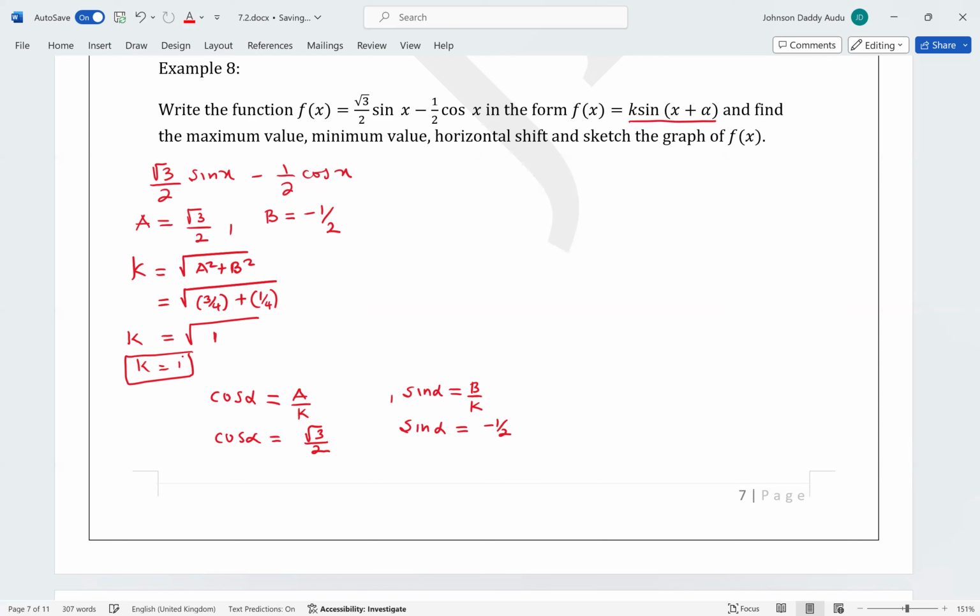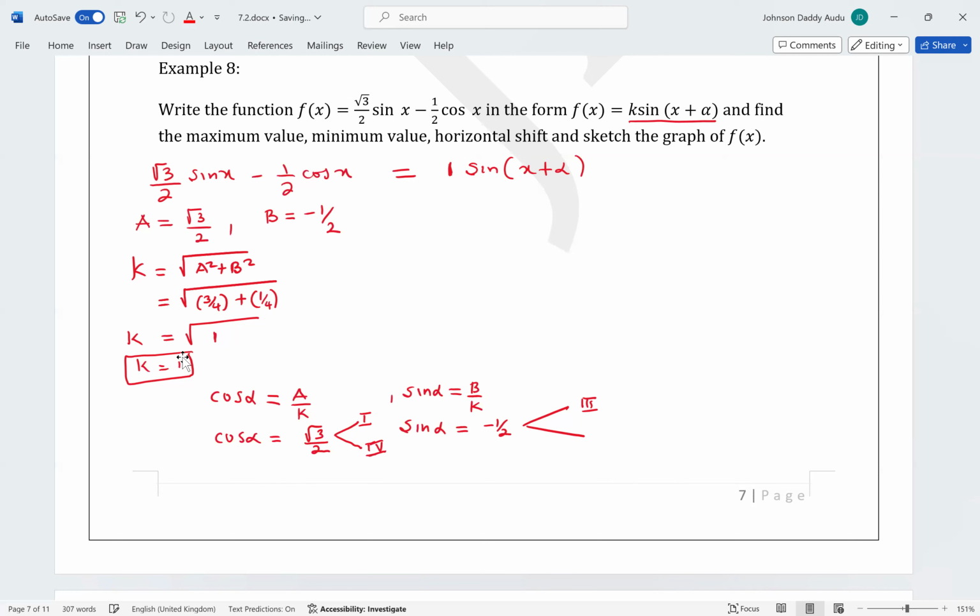All right, now it means that this is equal to k. We know what is k, 1, yes? Then now we have sine of x plus alpha. So we need to know what is this alpha. So from here, cosine is positive either in the first or in the fourth quadrant.